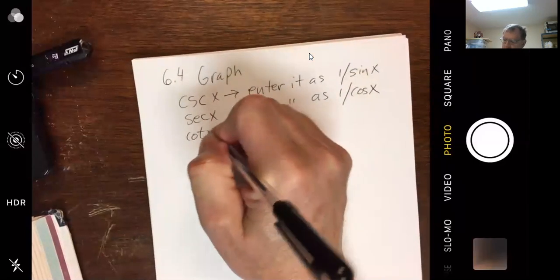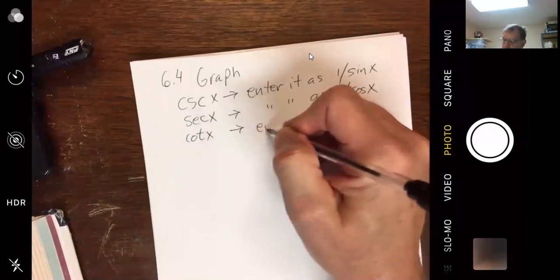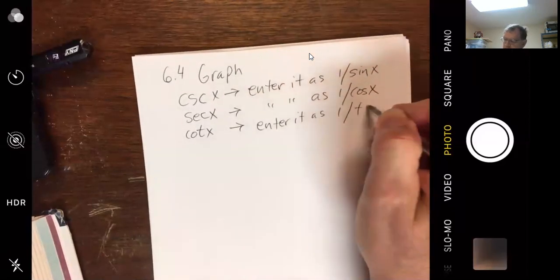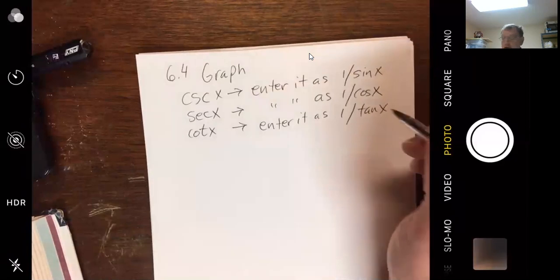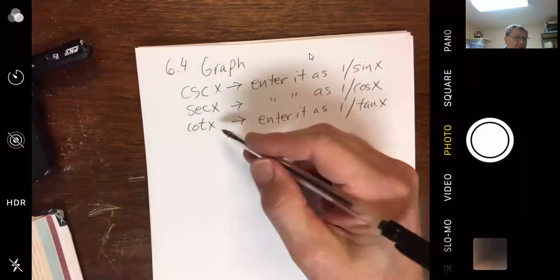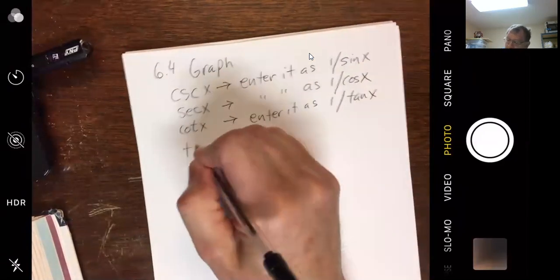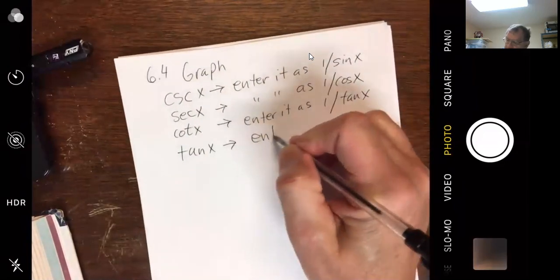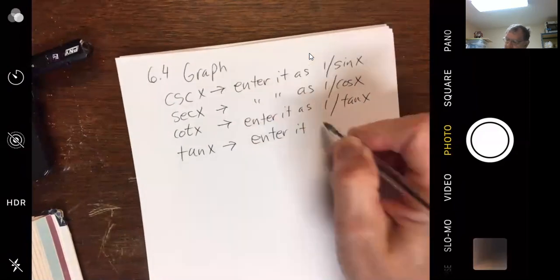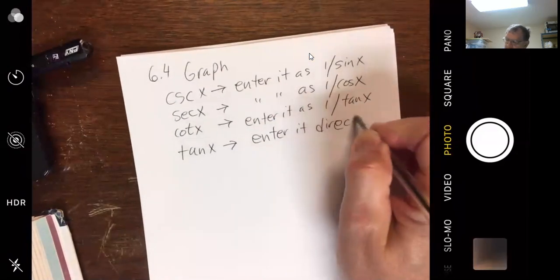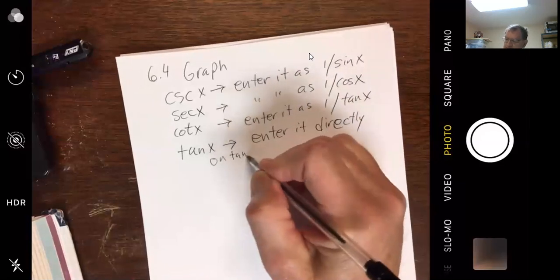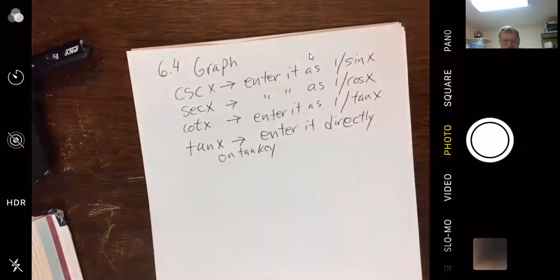Cotangent x, you'll enter it as 1 divided by tangent x. You could enter it as cosine over sine too, if you wanted. Tangent x, you'll enter it directly. You have a tangent key, but you don't have the other 3 keys.